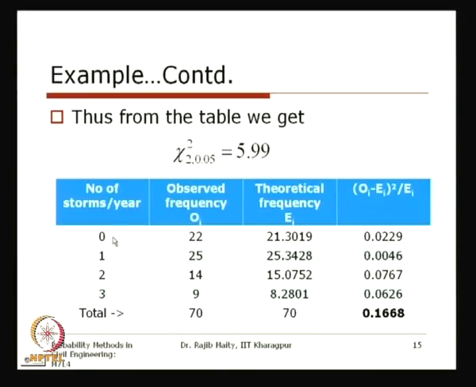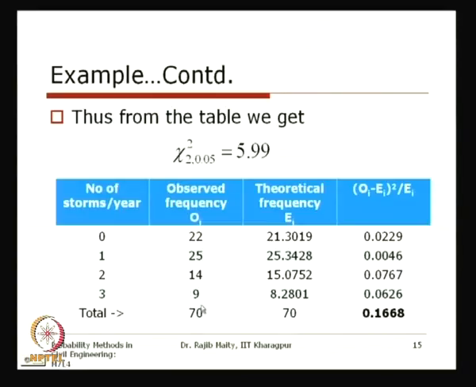So, 0 rainstorms per year, 1 rainstorm per year, 2 rainstorms per year, and this is greater than or equal to 3 rainstorms per year. As given in this data, there are 22 years where there are 0 rainstorms, 25 years where there is 1 rainstorm, 14 years with 2 rainstorms, 6 years with 3 rainstorms, and 3 years with 4 rainstorms.